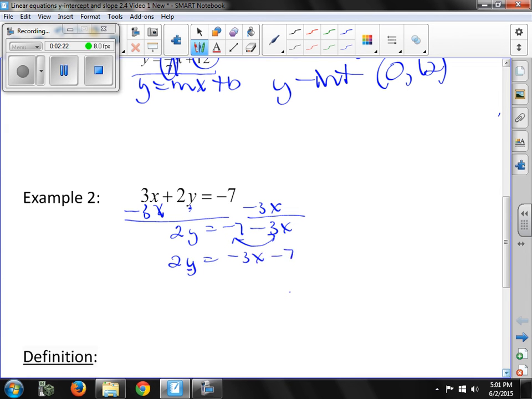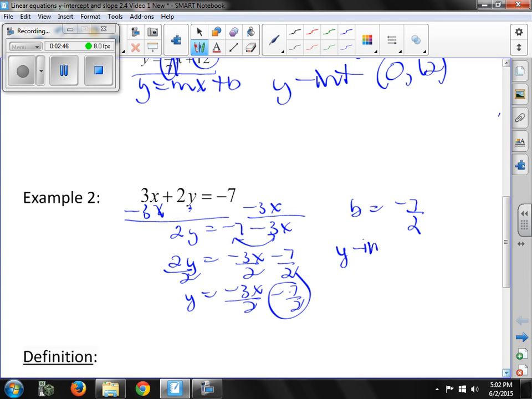I still need to solve for y, so I'm going to divide each term by 2. So y equals negative 3x over 2 minus 7 halves. The number hanging out on the end is the b, so b is negative 7 halves, and the y-intercept, written as an ordered pair, is (0, negative 7 halves).